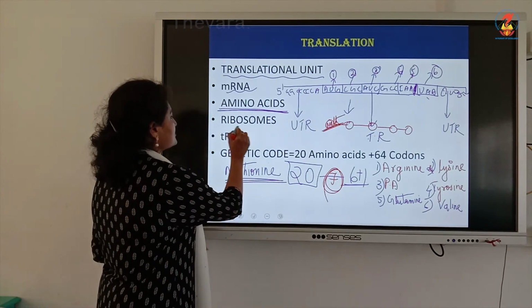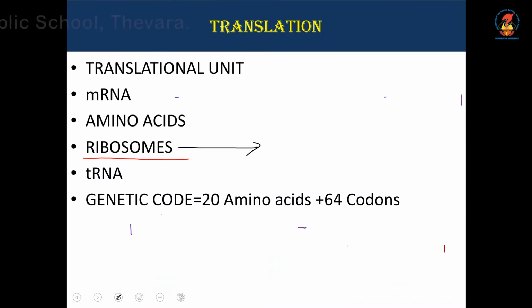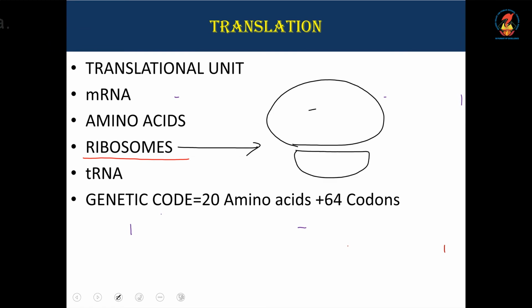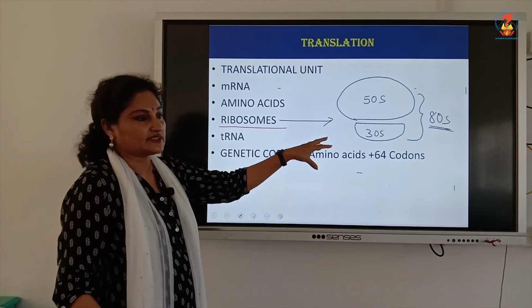Next, ribosomes. You are all familiar with ribosomes; they have 2 components, a large subunit and a smaller subunit. The large subunit is 50S and the small subunit is 30S. Therefore, our ribosomes in eukaryotes are the 80S ribosomes. So, remember the ribosomal units, 50S and 30S.